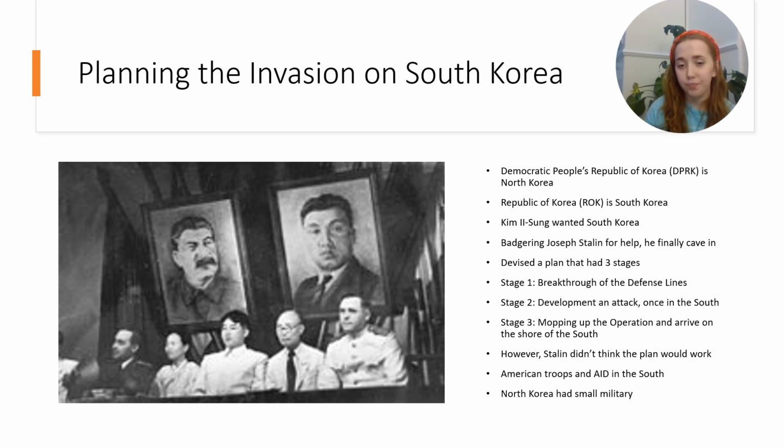The second stage, develop an attack once in South Korea. Stage 3, mopping up the operations and arriving on the shoreline of the South. Just basically cleaning up what they destroyed during the invasion.